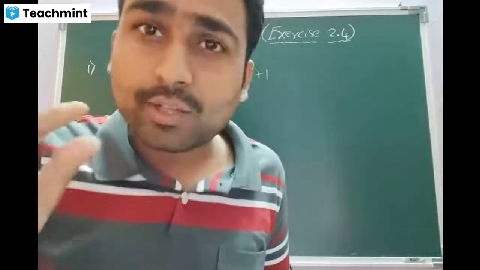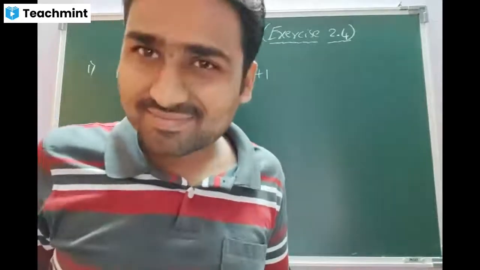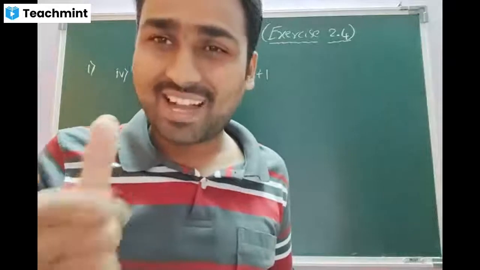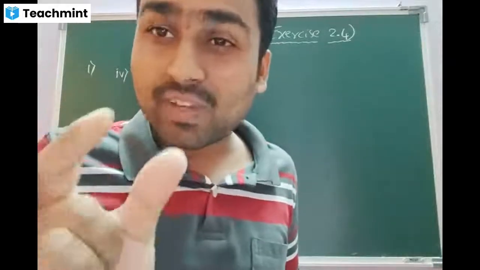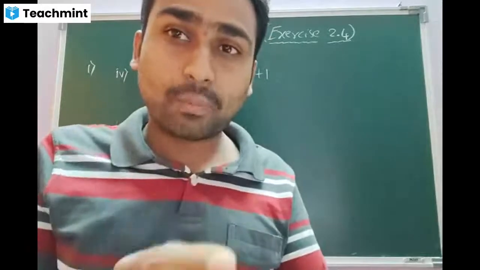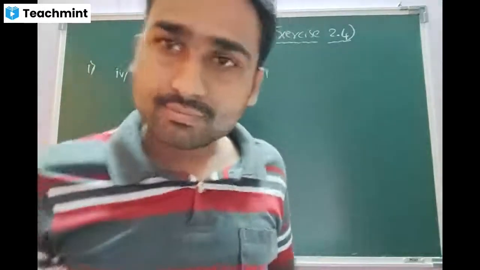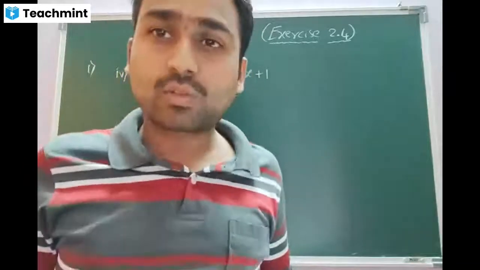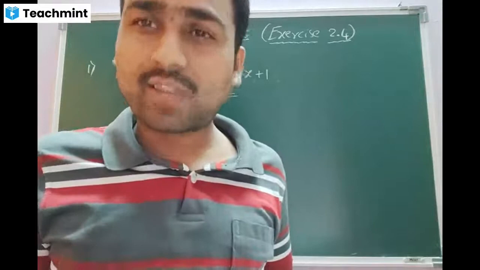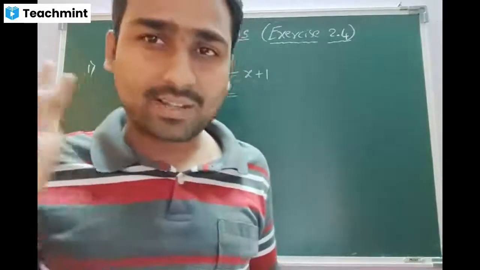Because there is an irrational number there, root 2. Correct. The presence of irrational number, that is root 2, and that too in the bracket 2 plus root 2 complete bracket x is there. Am I right? So somewhere we feel a bit of danger or difficulty, but nothing like that beta. Let me solve it. You will understand the concept.